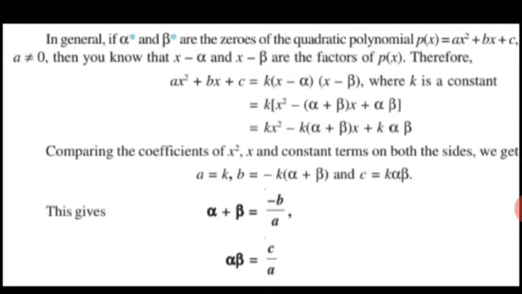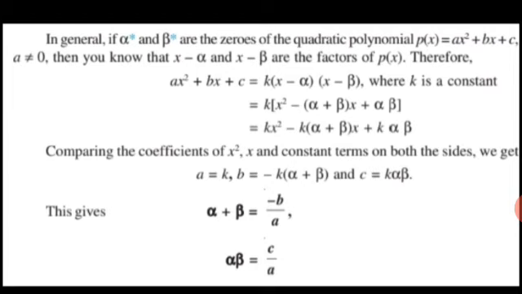Now children, as per the relationship, the sum of these two zeros, that is alpha plus beta, is equal to minus b upon a. That's shown on the screen by the bold letters.